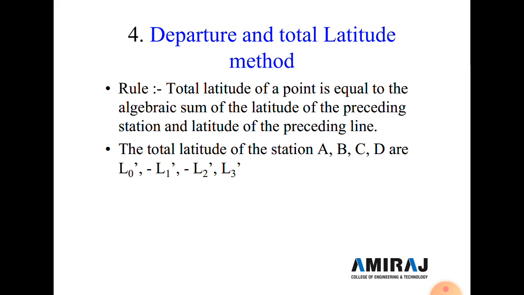Now another, the fourth method, is the departure and total latitude method. So here one of the rules is that the total latitude of a point is equal to the algebraic sum of the total latitude of the preceding station and the latitude of the preceding line. So here the total latitudes of stations A, B, C, D are L0, minus L1, minus L2, minus L3.